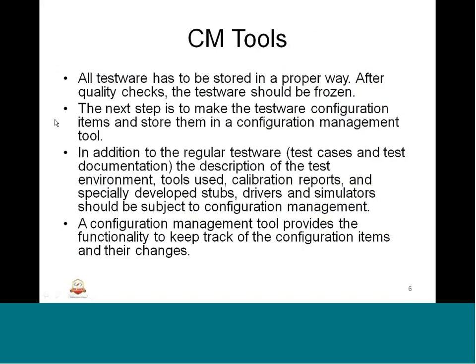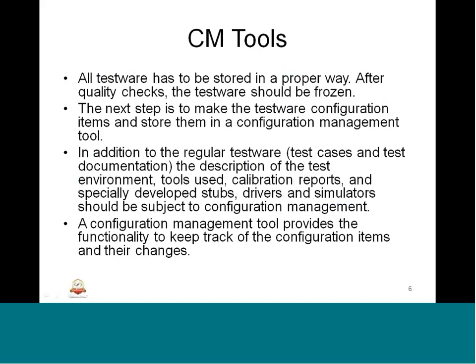Then after understanding configuration management, incident management and so on, we went through the need for CM tools. All the testware has to be identified in a physical location or a particular repository.